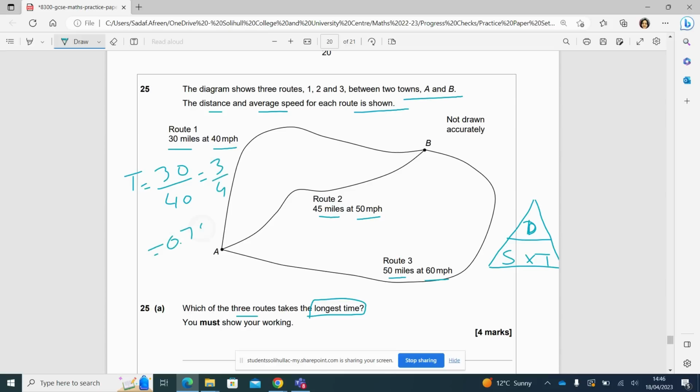If you simplify this fraction, that gives you 3/4, which equals 0.75 of an hour, or 3/4 of an hour. We know that half an hour is 30 minutes, so 3/4 of an hour is 45 minutes.